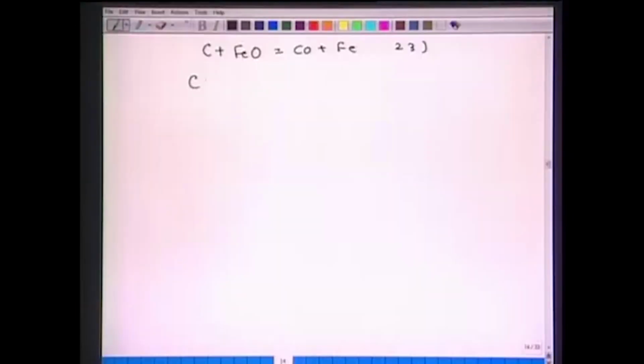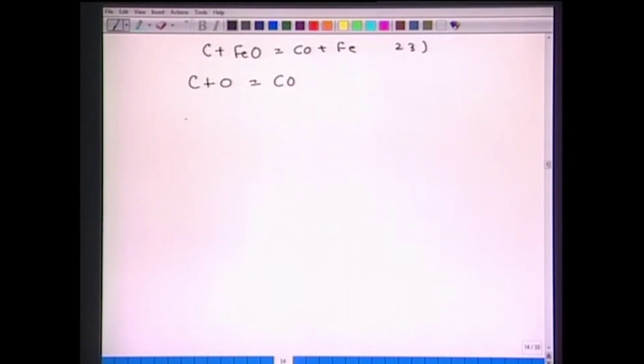For this purpose, slag properties and its formation are also an important part of steelmaking. Now, this reaction C plus O is equal to CO has also importance during solidification of steel.